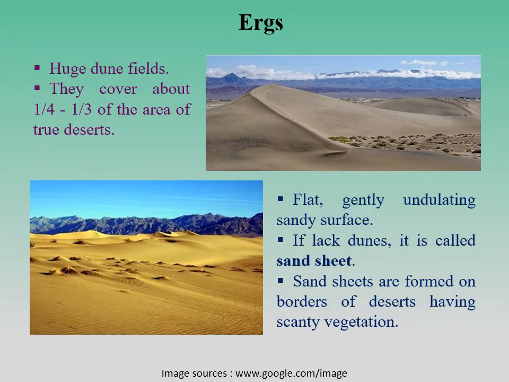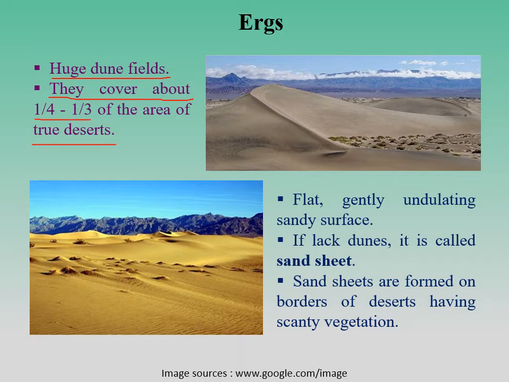They cover about one-fourth to one-third of the area of a true desert. So whenever we hear the term desert, the first thing that comes to our mind is these huge undulating surfaces, which we know are called dunes. But the desert is not solely made by these dunes. In a desert, only about one-third to one-fourth of the portion is composed of these dune fields.